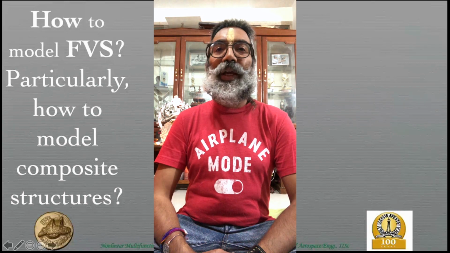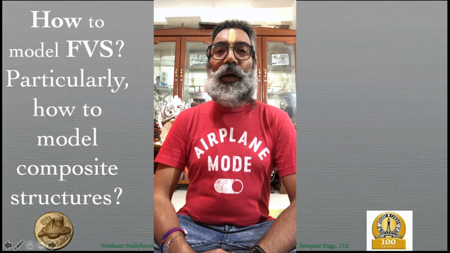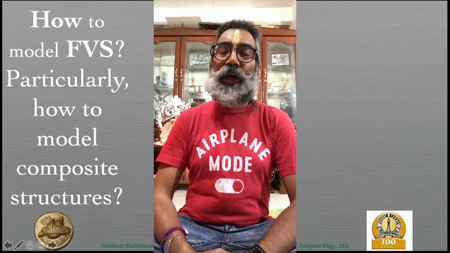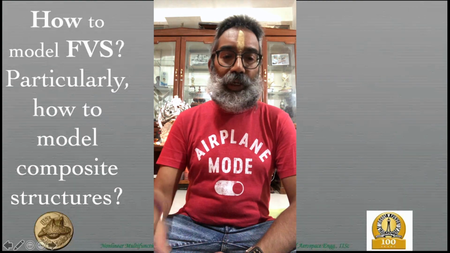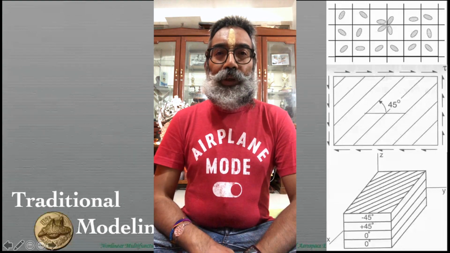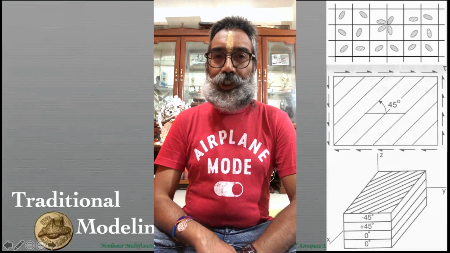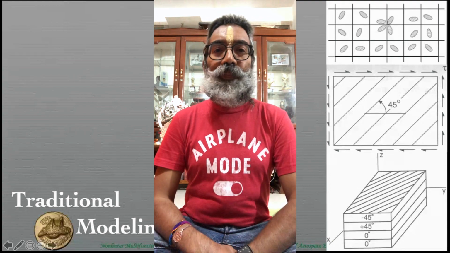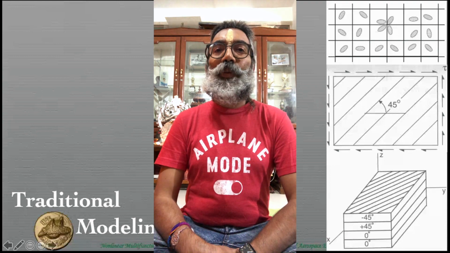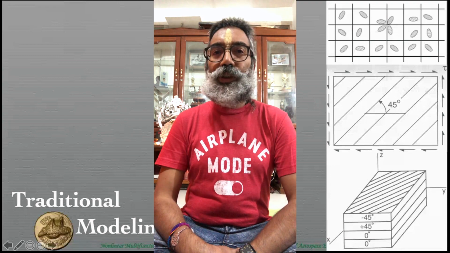Many of you are already aware of it, but we'll look at it in a little more rigorous fashion as we proceed with today's class, and probably to some extent the next class as well. So now we look at certain traditional modeling procedures, and this is what our entire analysis and design will be built upon throughout this course.